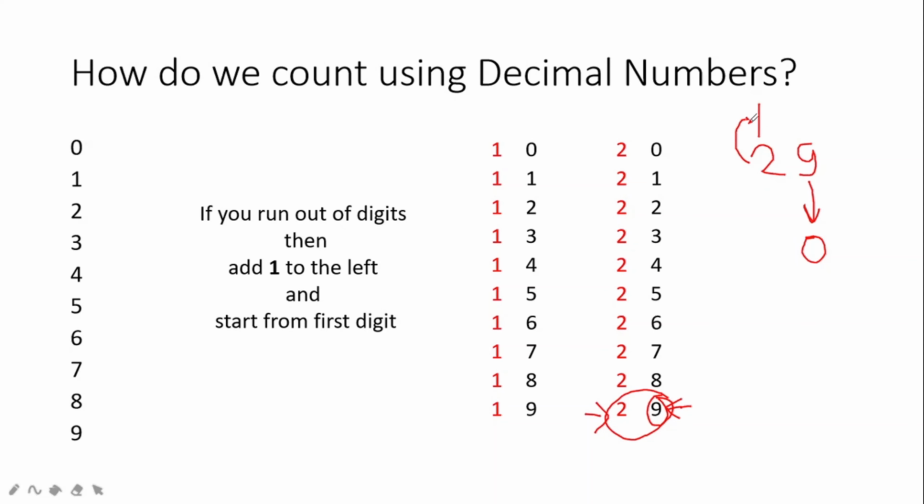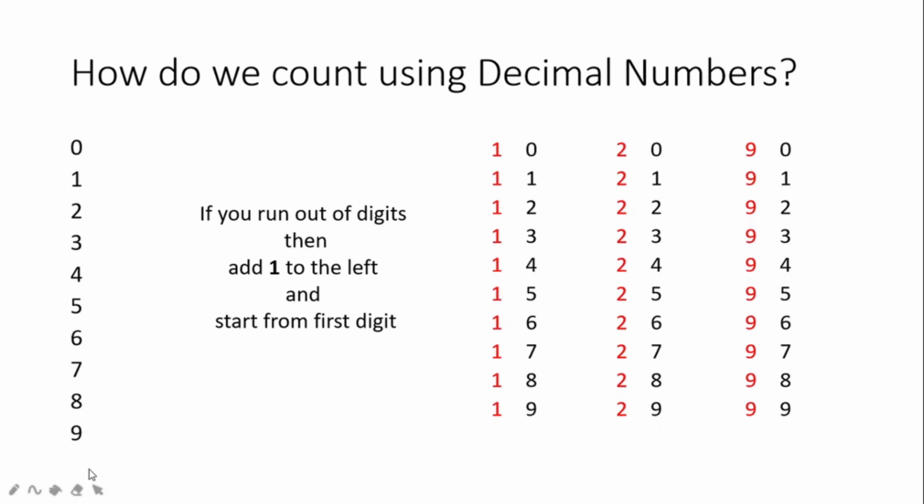Now this 2 has a carry, so we have to find out what comes after 2 in decimal numbers. 3, right? So 30 will be the next number after 29. Now this goes on until 99. 99 is the largest two-digit number in the decimal number system.